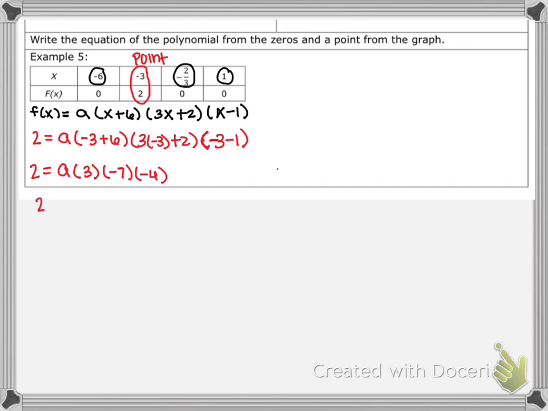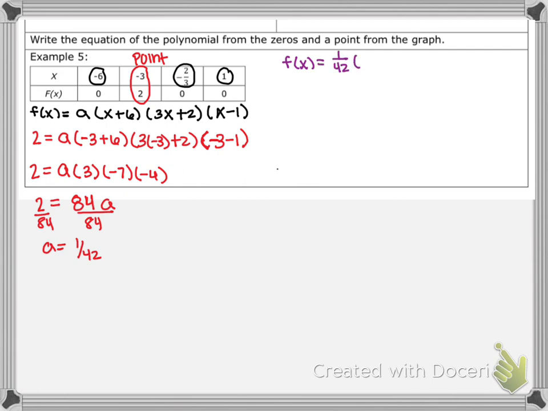So you get 2 equals, when I multiply all those together, I should get 84a, and then now I can solve for a by dividing. So a equals 1 over 42. So when I come over here, f of x equals 1 over 42.